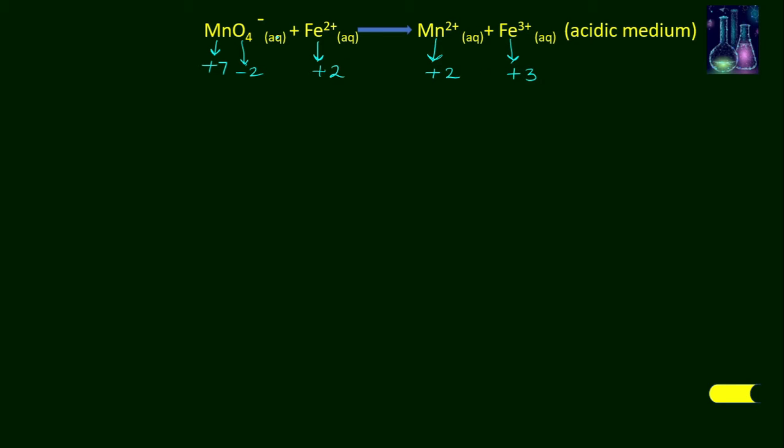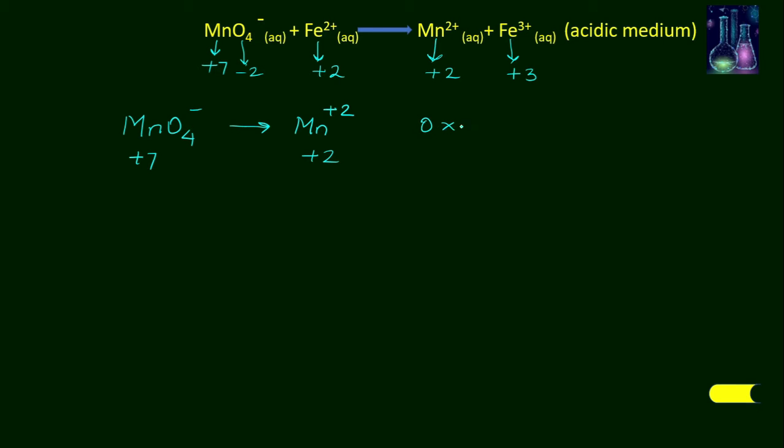So we have assigned the oxidation state, and now let's see the increase and decrease in oxidation state per atom. In the case of MnO4 minus to Mn +2, the oxidation number decreases from +7 to +2.